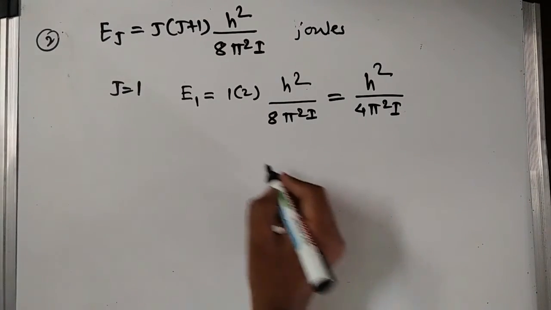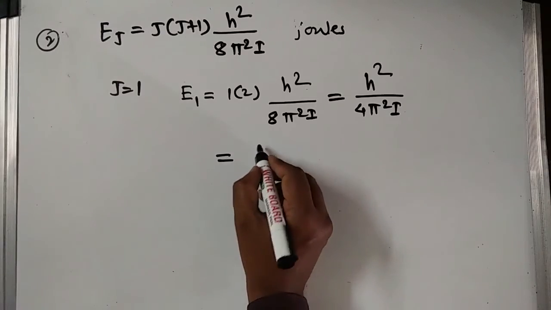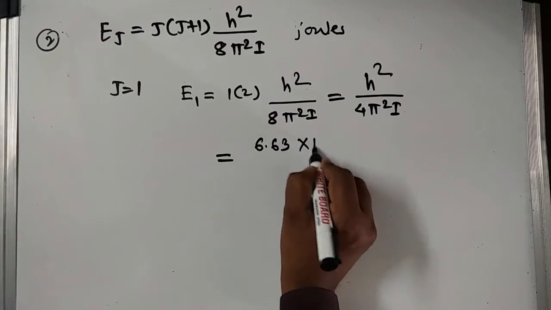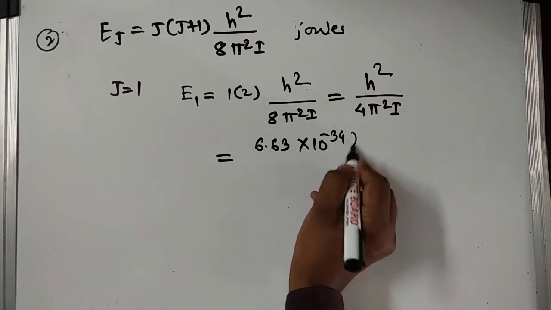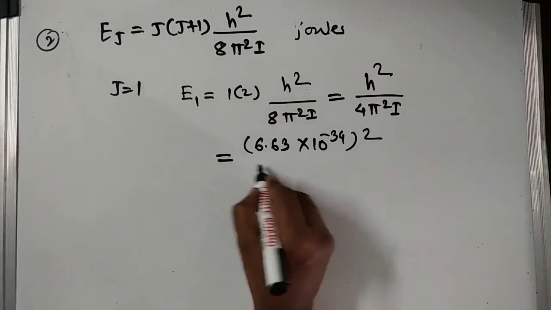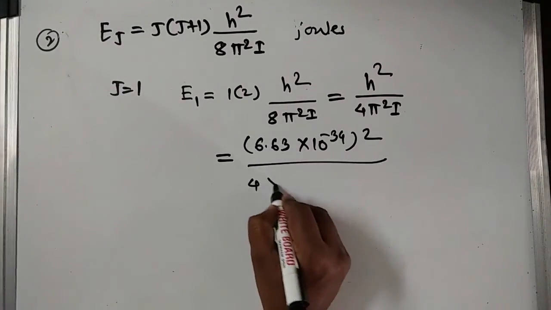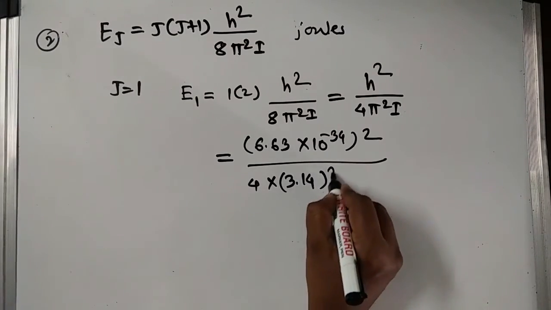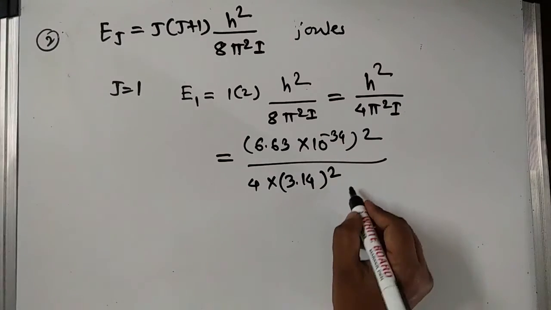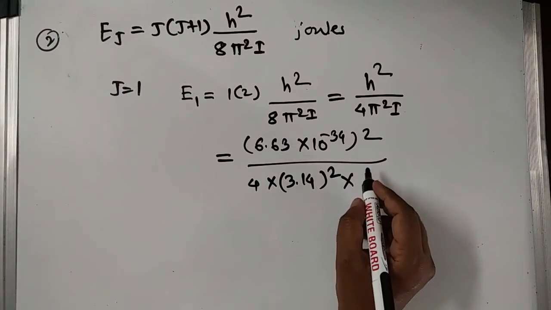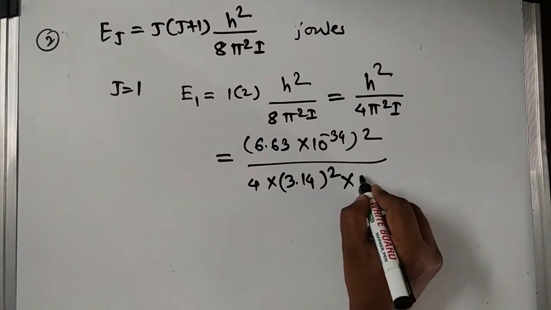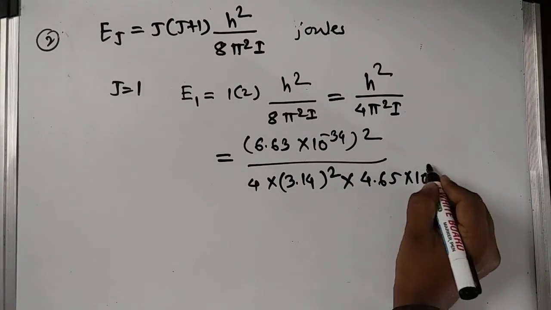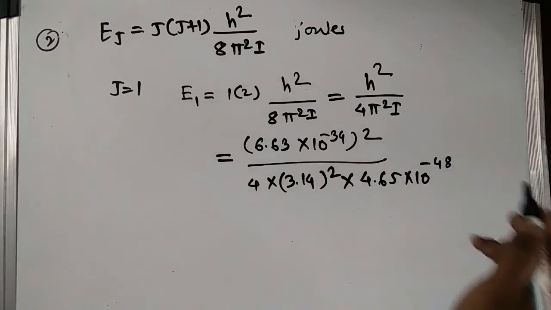Now if we put the values, h is 6.63 into 10 raised to minus 34 bracket square divided by 4 into 3.14 square into I. The value of I we have calculated is 4.65 into 10 raised to minus 48.